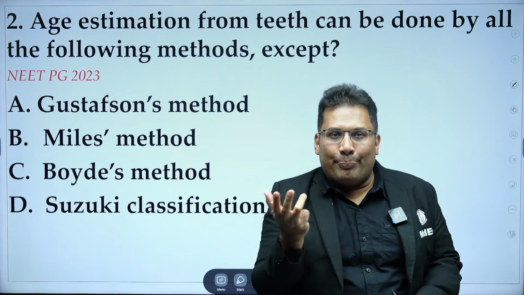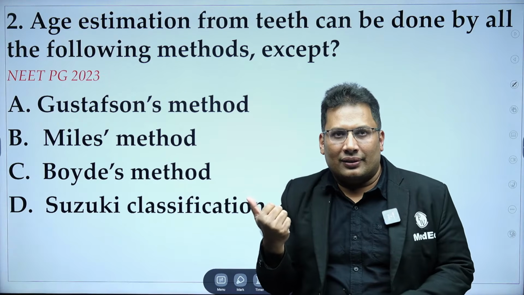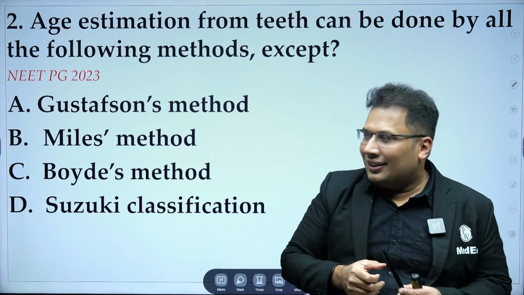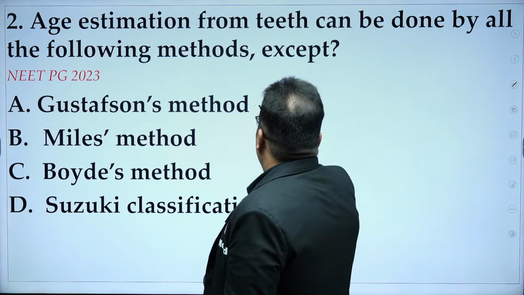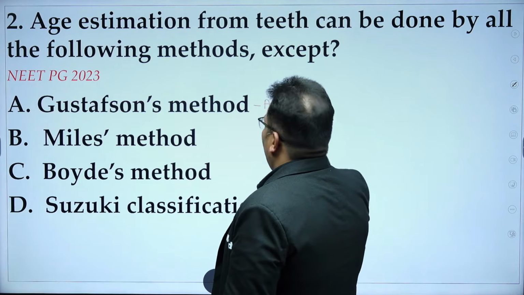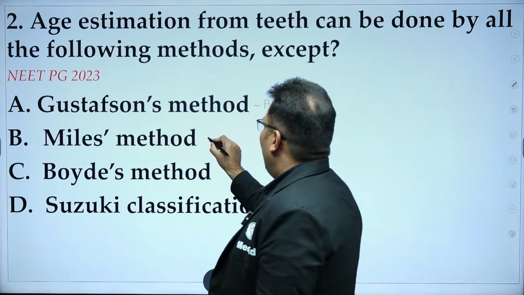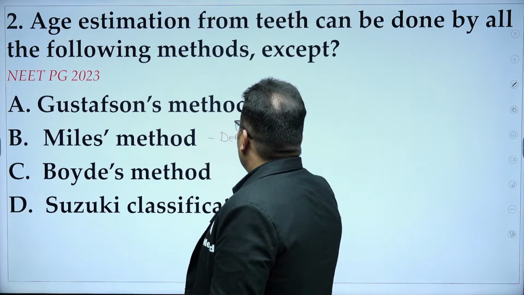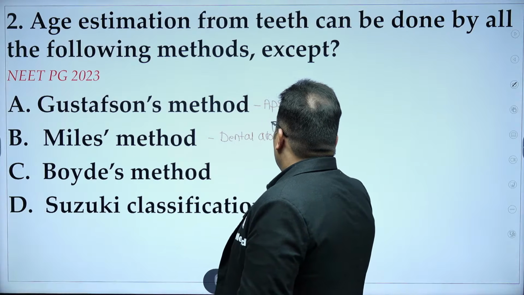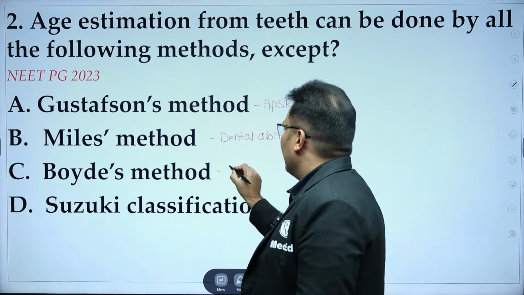Attrition, parodontosis, secondary dentin, root resorption, T for transparency of root, cementum apposition. So, yes. Miles method is a method of age estimation using dental attrition. Boyd's method is by looking at the incremental lines.